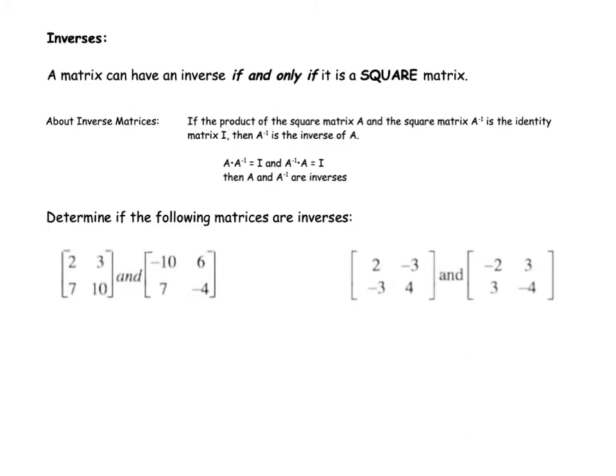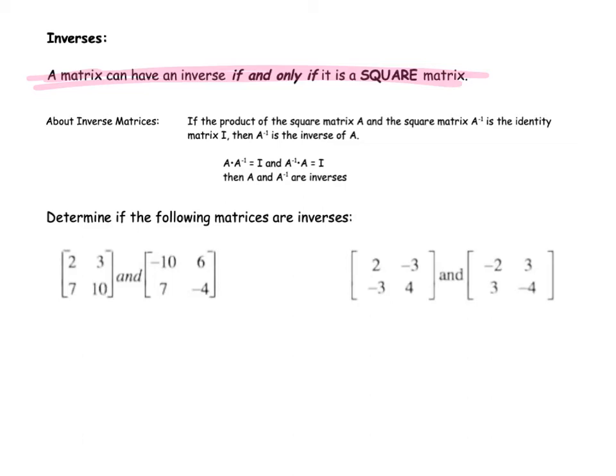Okay, so the same thing is going to be true with a matrix. If I can multiply two square matrices together and get my identity matrix out, then those two matrices are going to be inverses of each other. Just a quick note, a matrix can have an inverse if and only if it is a square matrix. So only square matrices are going to have inverses.